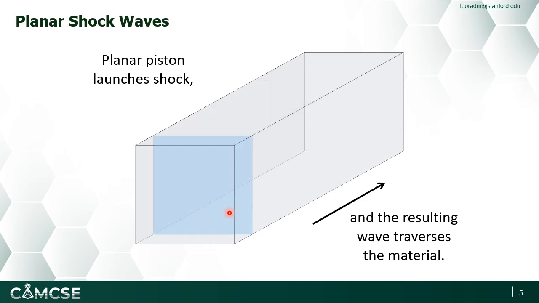This means that as the shock wave is traversing the material, its shape in terms of pressure versus time evolves in a nearly uniform type of profile. Although we'll see in a few slides that it actually isn't completely uniform when we look at solids that interact with the material itself, or with the shock itself.